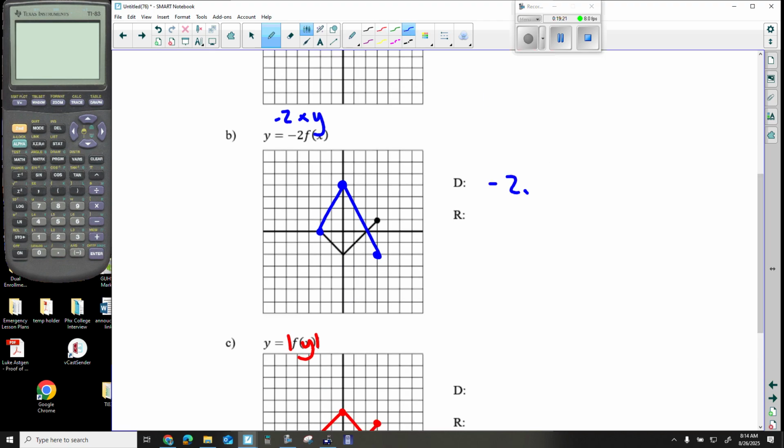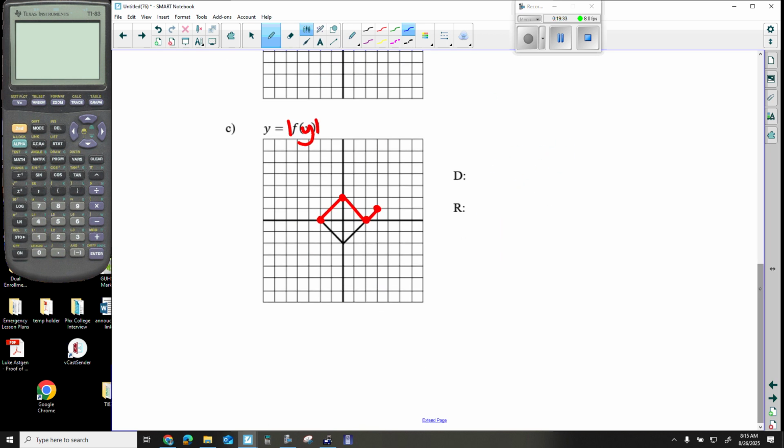Okay, left is -2. Right is 3. Bottom is -2, top is 4. Left is -2, right is 3. Bottom is 0, top is 2.